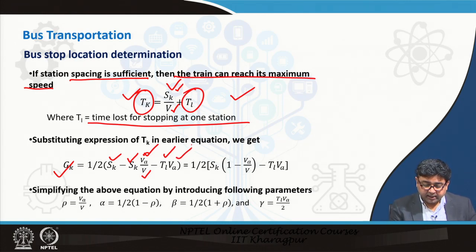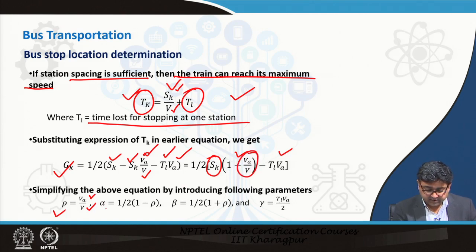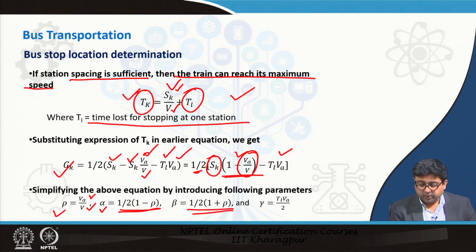So, we are only getting it in terms of Sk, and then if we convert all of this into some constants, say Va by V is rho, and alpha is 1 by 2 into 1 minus rho, and beta is 1 by 2 into 1 plus rho, and we convert this TL Va by 2 term into gamma.